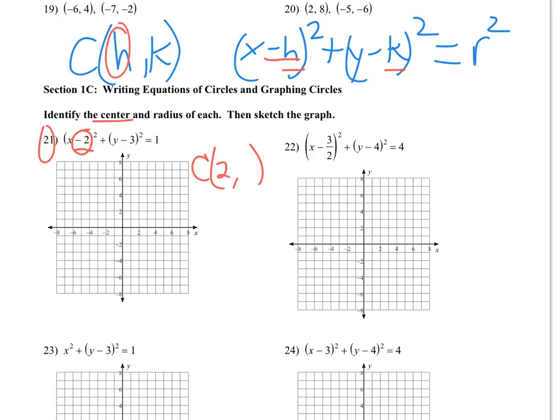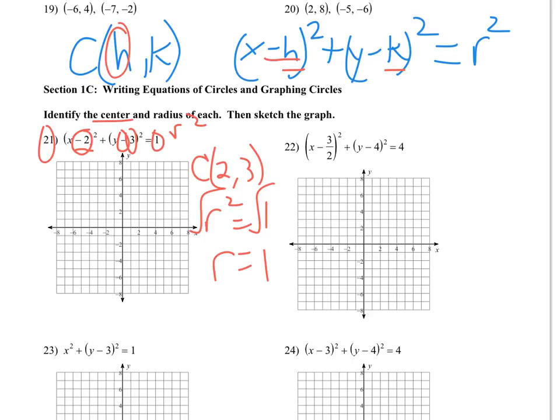And then it's y minus k, so my k would be 3. The key thing is taking the opposite sign that's in the equation of your circle in those binomials. So the center is (2, 3). This is r squared. So if r squared is equal to 1, I take the square root of both sides. So r is equal to 1 because the square root of 1 is 1.